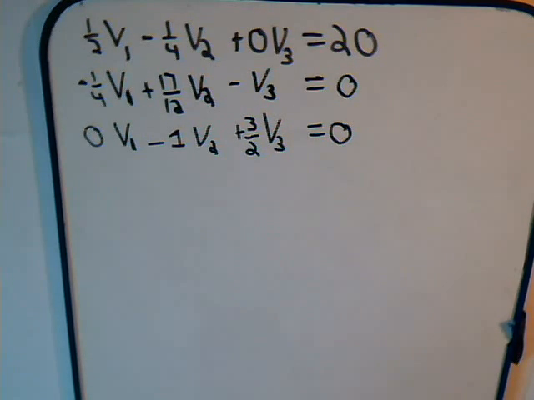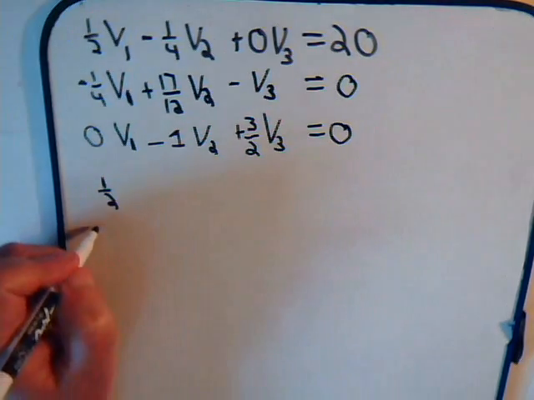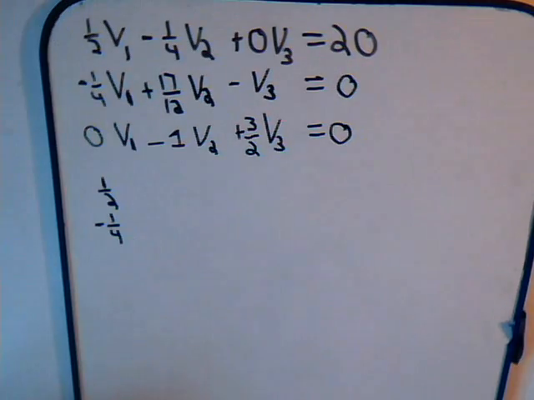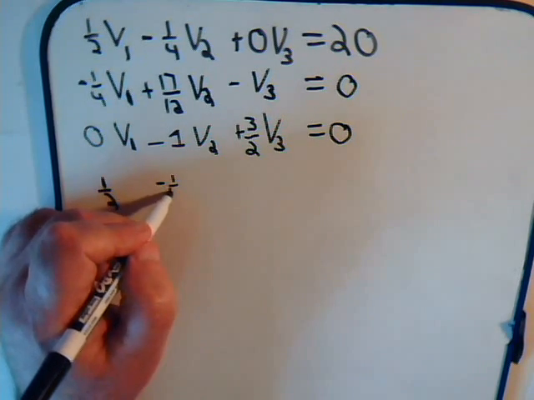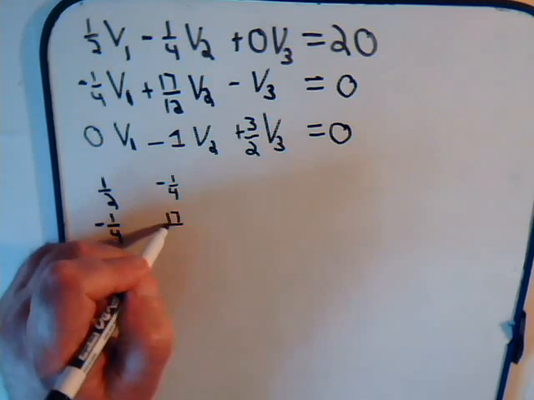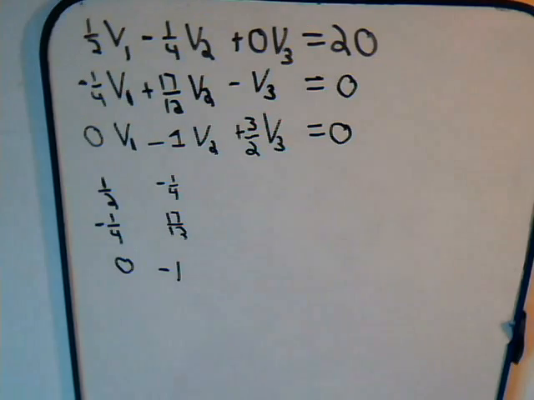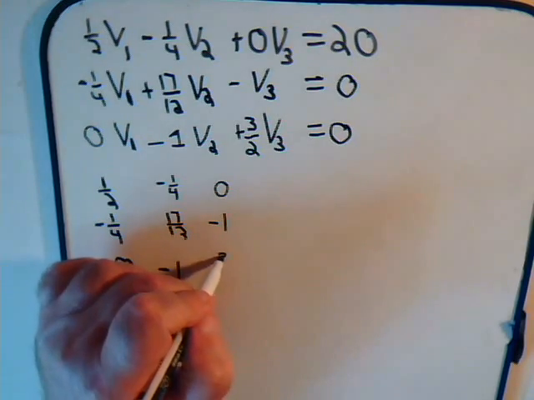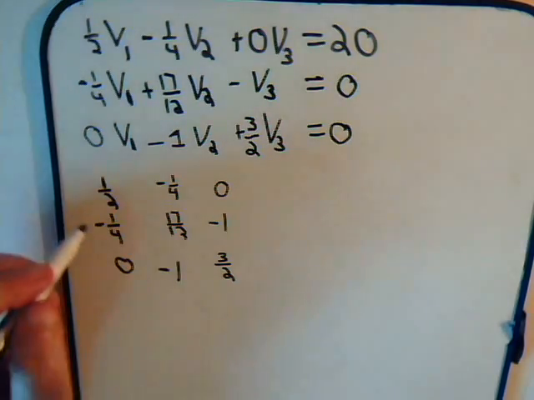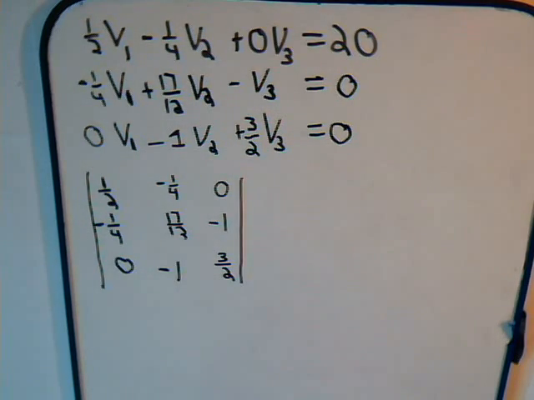So we're going to have 1/2, minus 1/4, 0, and then minus 1/4, plus 17/12, and negative 1, and then finally 0, negative 1, and 3/2. So there's our 3x3 determinant, and let's see if we can determine its numerical value.